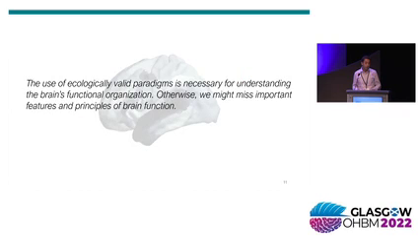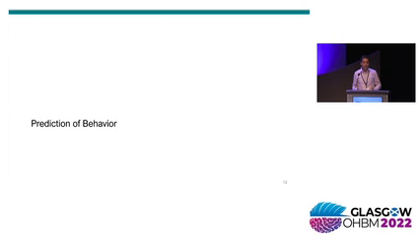And hopefully by this point, you can appreciate that using ecologically valid paradigms can tell us something new about the organization of the brain. And to investigate this further, we performed predictive modeling to see if we can predict certain behavioral scores based on gradient features obtained from rest and movie and compare these.